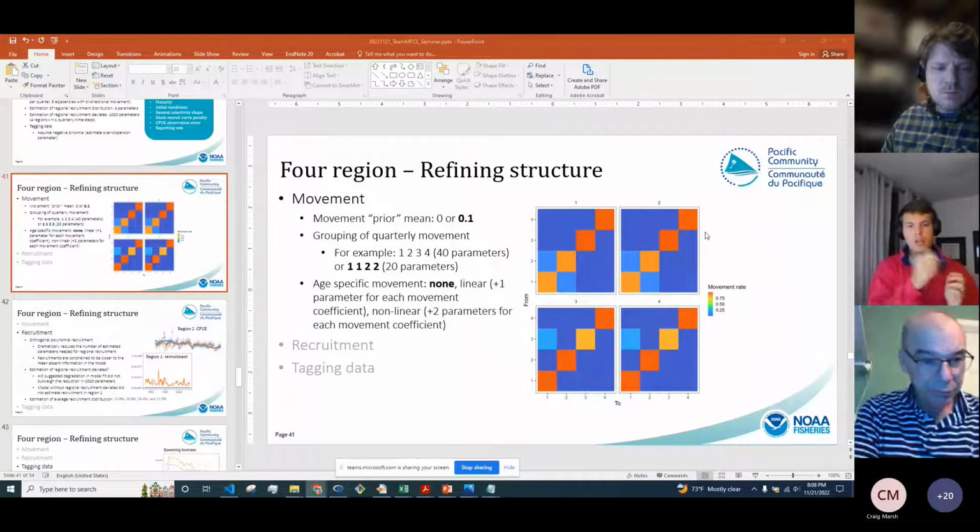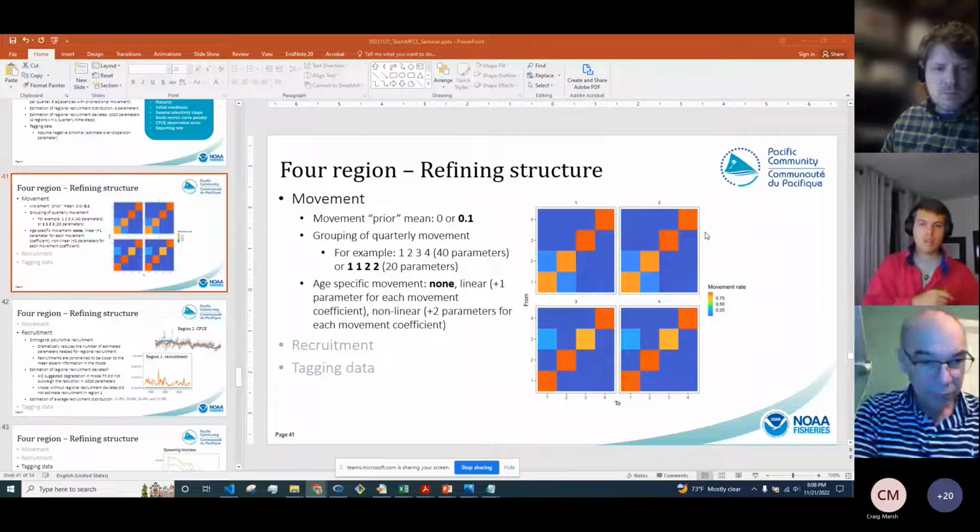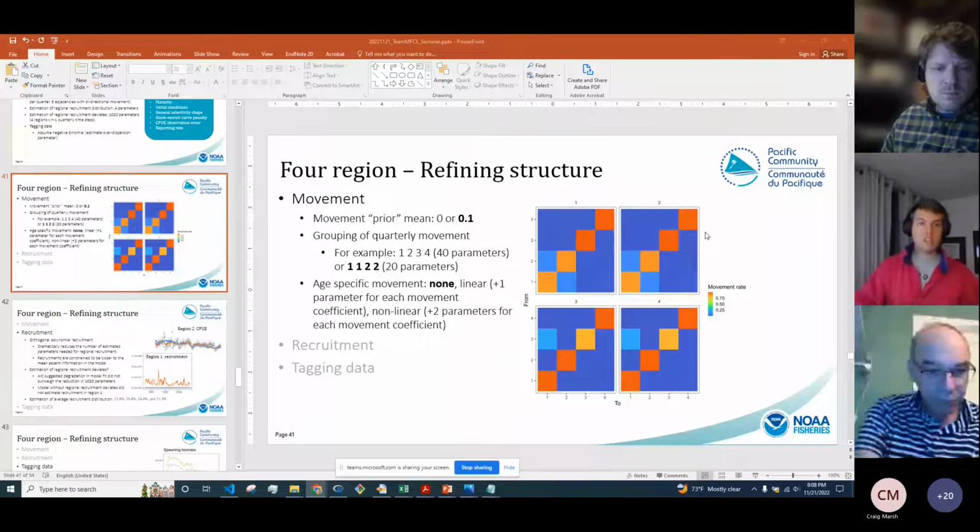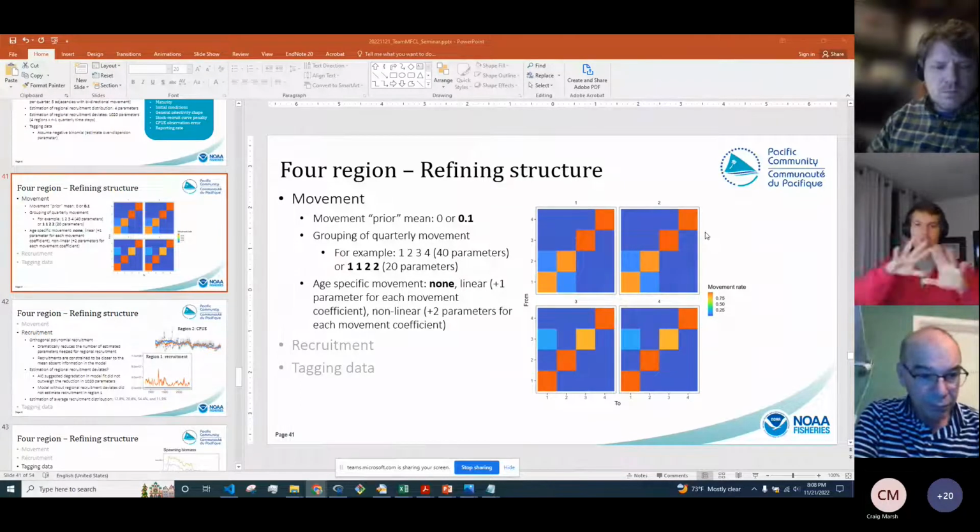So you have information out of that area to get to some of the other regions, but you don't really have a lot of information to tell you what movement might be in the other direction or between these regions that don't have tagging, because it's so concentrated and not spread out across the spatial domain. So that might be one of the reasons why we're seeing this limited transfer of biomass between regions.